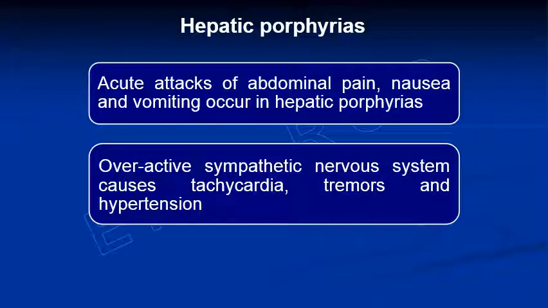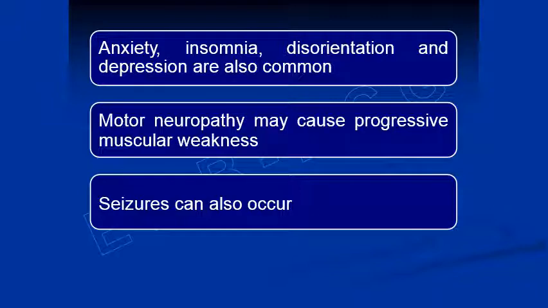In some cases they can have an overactive sympathetic nervous system, so they may have tachycardia, very fast heartbeat, tremors, as well as hypertension. In some patients, they may also experience anxiety, insomnia, disorientation, depression, muscular weakness, and even seizures can happen. So mainly in hepatic porphyria, the signs and symptoms are neurovisceral, so neurological and visceral signs mainly.